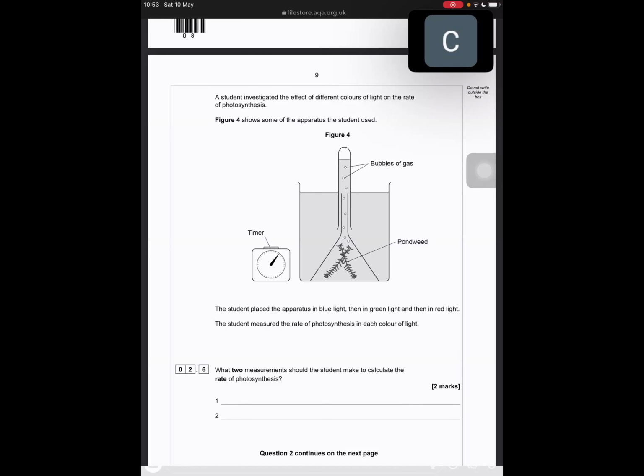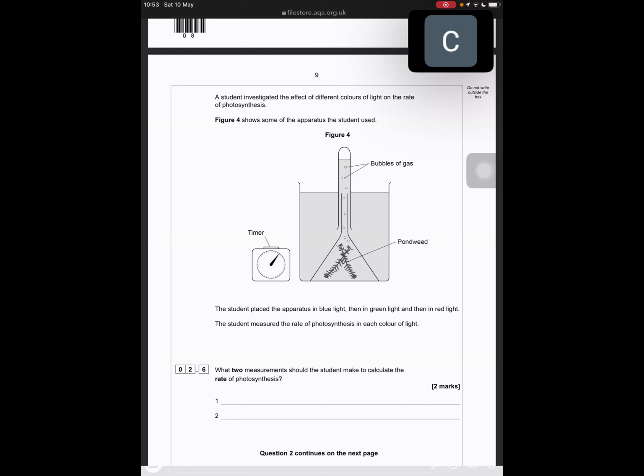The oxygen is coming out, and as photosynthesis continues happening, more oxygen will be coming out, right? And what will happen? The space there will be increasing and thereby push down the liquid.